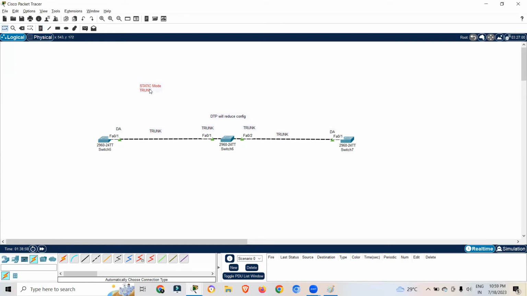So we have only two operational modes, and by the combination of access, dynamic auto, dynamic desirable, and trunk, these four administrative modes, I can convert to trunk mode.